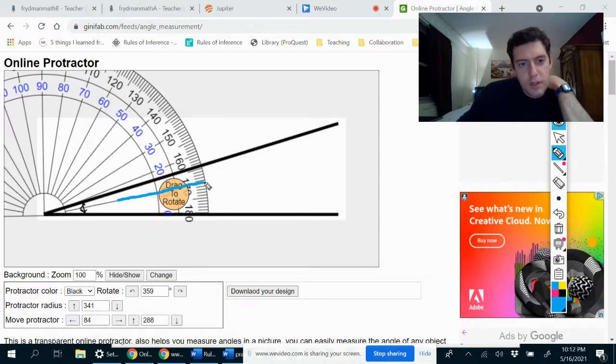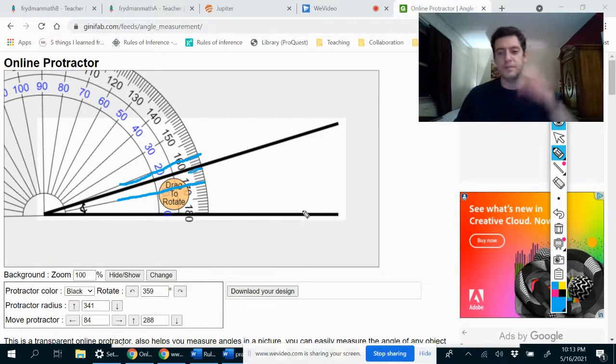So 10 would be over here, 20 would be over here, and then in the middle here, this would be halfway between 10 and 20, which is 15. And then this is moving in the positive direction as we go this way. So it looks like it's one space further than 15, which would be 16. So this angle is 16 degrees.